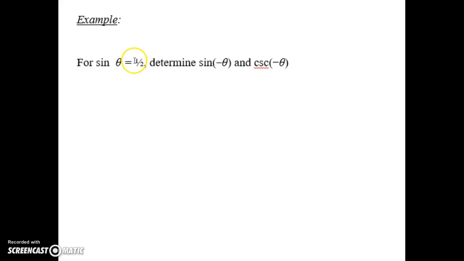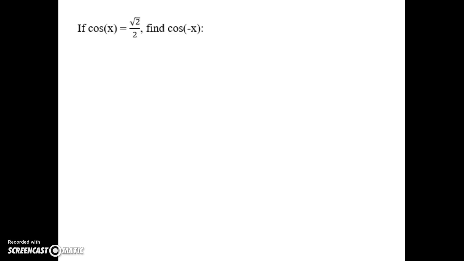That negative pops out front. Since the cosecant of theta is 1 over the sine of theta, that would be 1 over 1/2. So the cosecant of positive theta in this instance would be 2, and the cosecant of negative theta would therefore have to be negative 2. So very straightforward, very simple, nothing complicated.